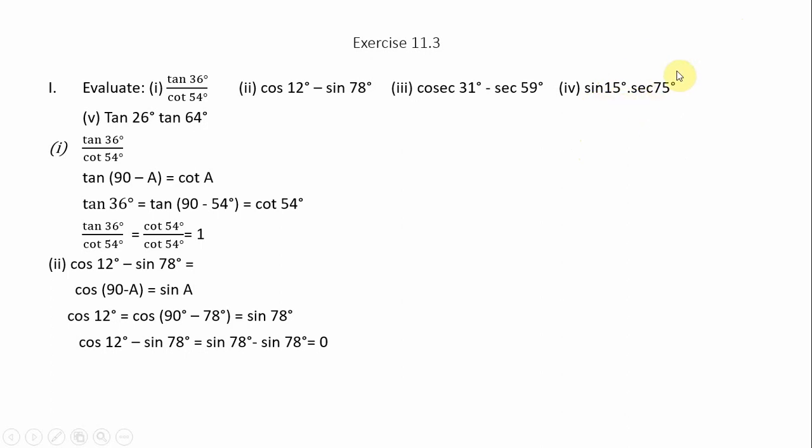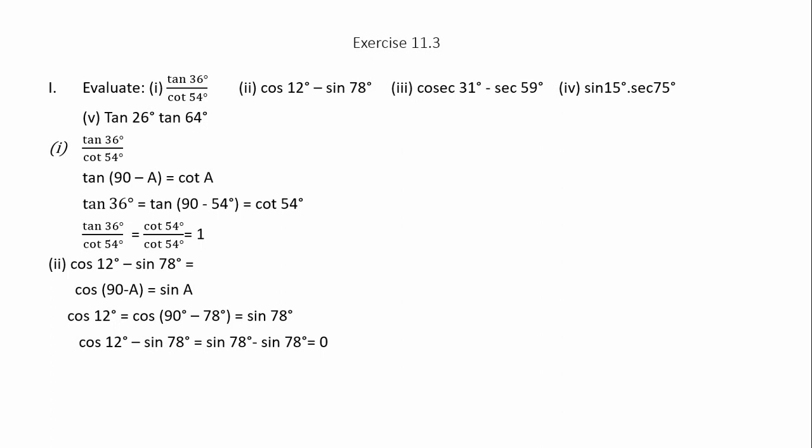Now, how can you convert the secant? Secant is nothing but the reciprocal of cos. So cos 75 into 1 by cos 75. Convert the secant as 1 by cos 75. So cos 75 and cos 75 get cancelled. You are going to get 1. The first one you convert to the cos value, and the secant value, the second one, you don't convert it into sine or cosecant or anything.